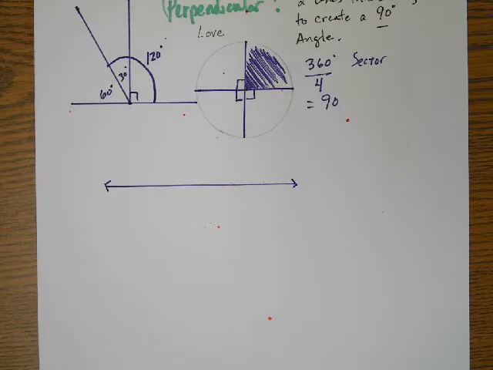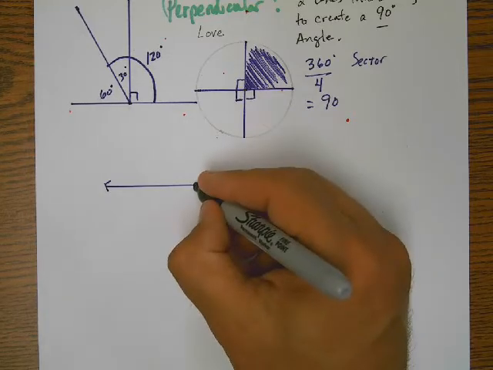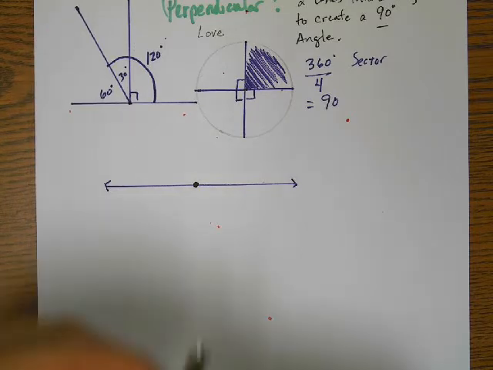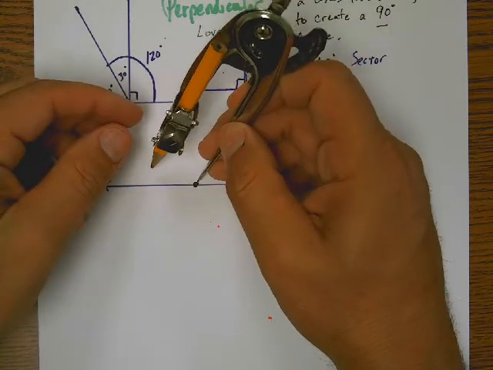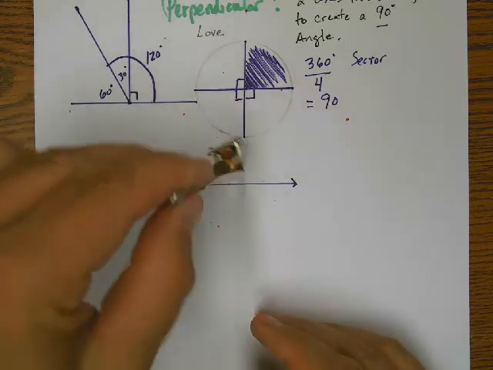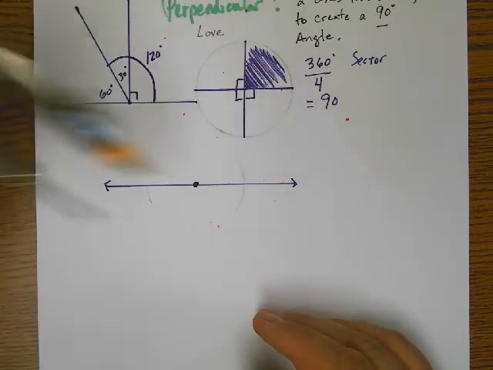All right, to do this, I want to give myself a random point. Doesn't matter where it is, just a random point. From that random point, I'm going to use my compass and go on both sides. An arc on this side. Don't let the compass move on you. And an arc on that side.